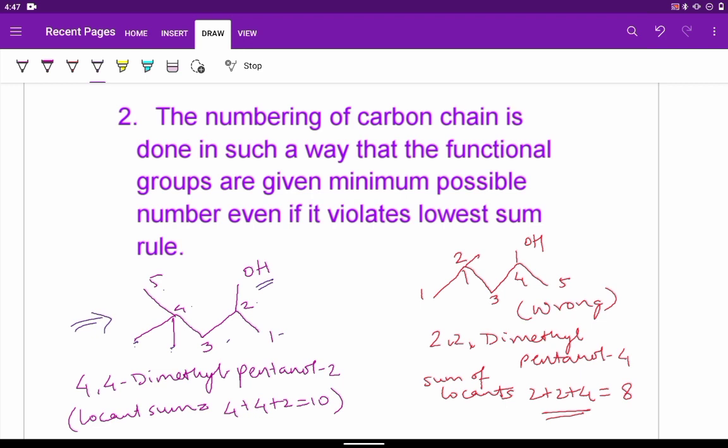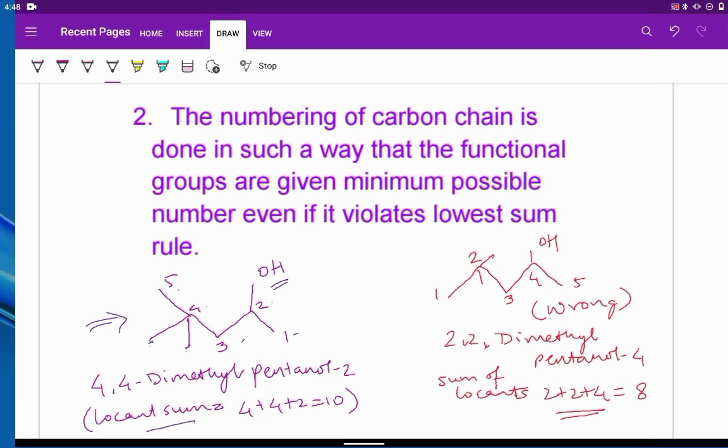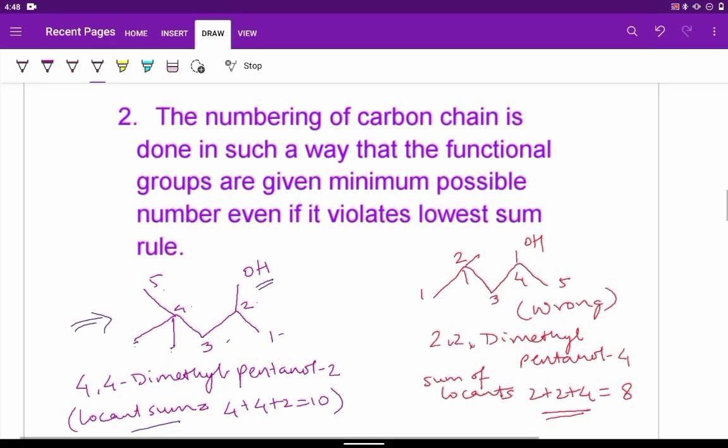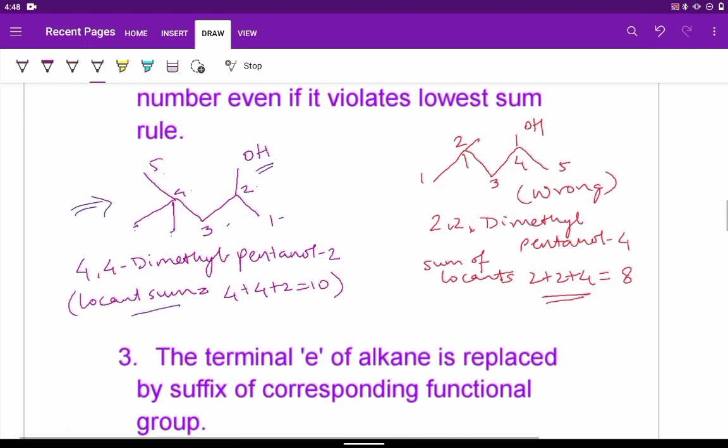This 2 is for the position of the OH group. The OH group is the alcoholic group, which gives the suffix "ol". Here the locant sum is 4 plus 4 plus 2, that is 10. But this is the right method we have seen. If I number from the other end like this, then both the methyl groups get position number 2 and the OH group gets position number 4.